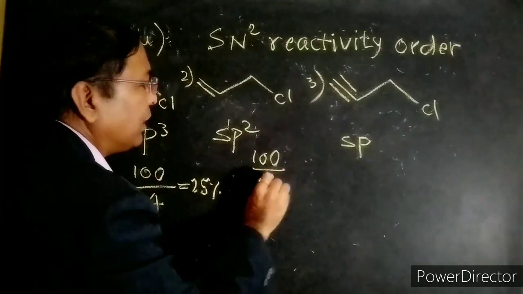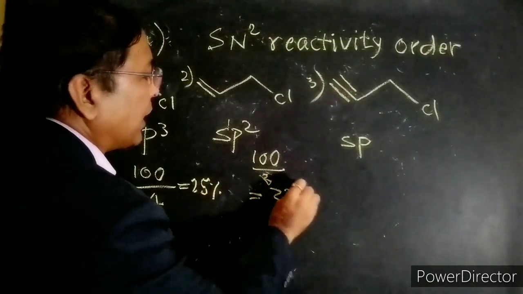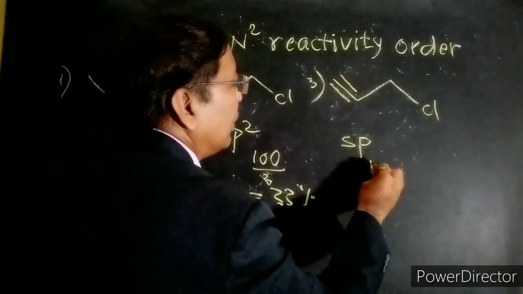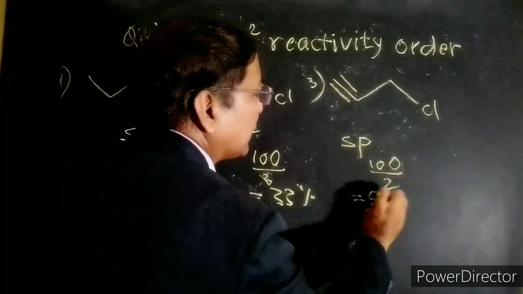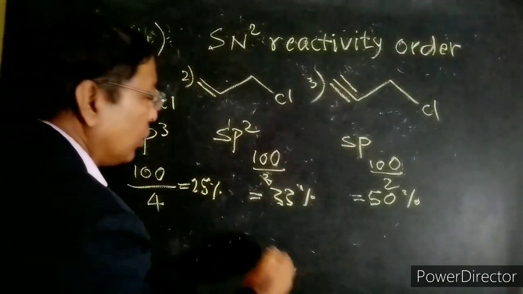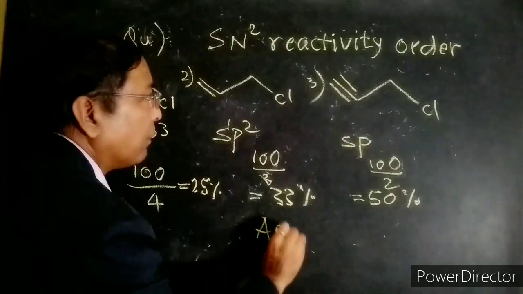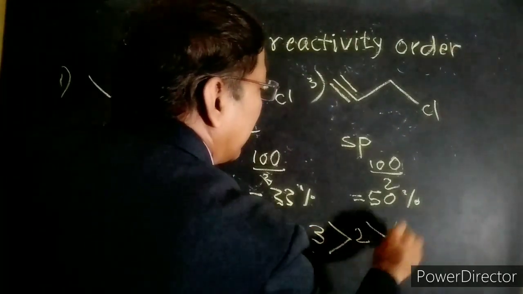If you divide by 3, you will get 33% s character. And if you consider an sp hybridized carbon atom, if you divide by 2, you will get 50% s character. As the s character increases, SN2 reactivity also increases. Therefore, the SN2 reactivity order is third, then second, then first.